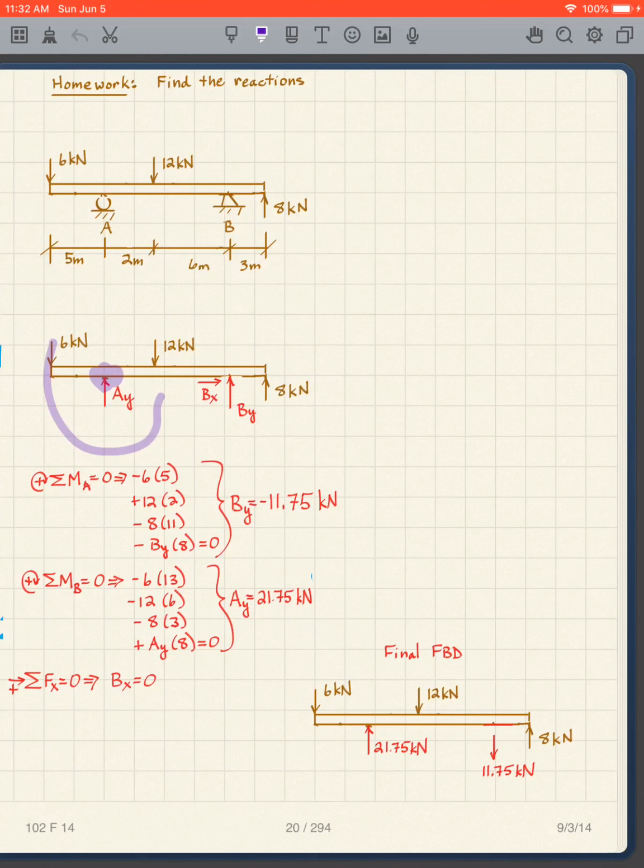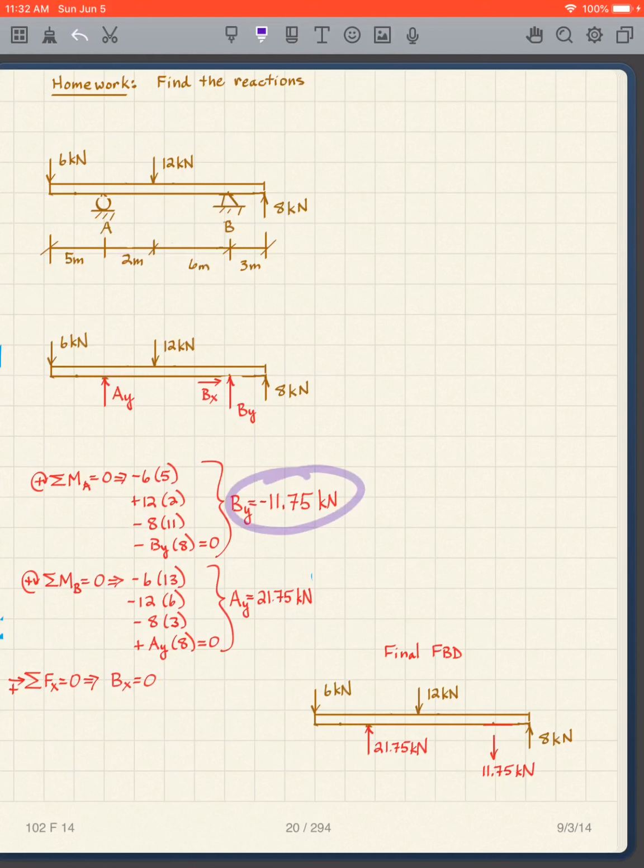Counterclockwise, negative. Clockwise, positive. Counterclockwise, negative. Counterclockwise, negative.